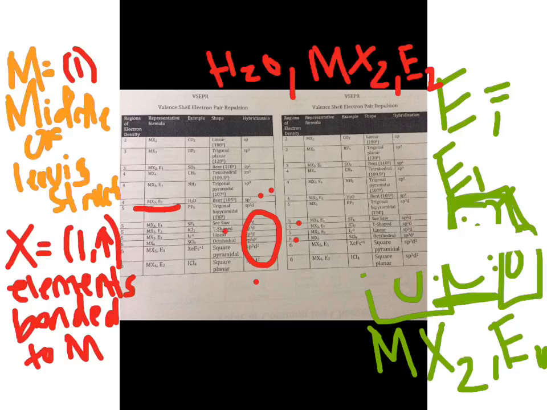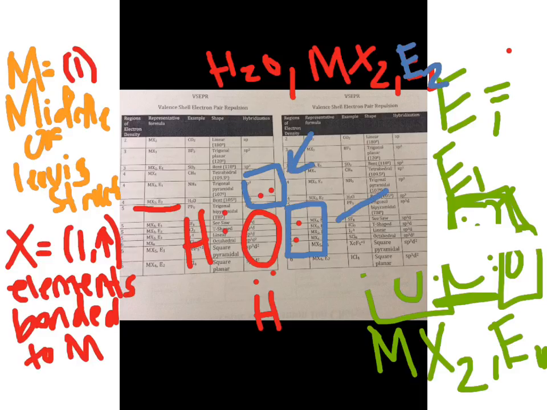You have 2 H's. H has 1. This one has 1. Why is there an E2 now? These 2 extra sets of electrons right here make it become E2 because there's 2 sets of electrons that are not bonded to an element. So that is why you write it this way.